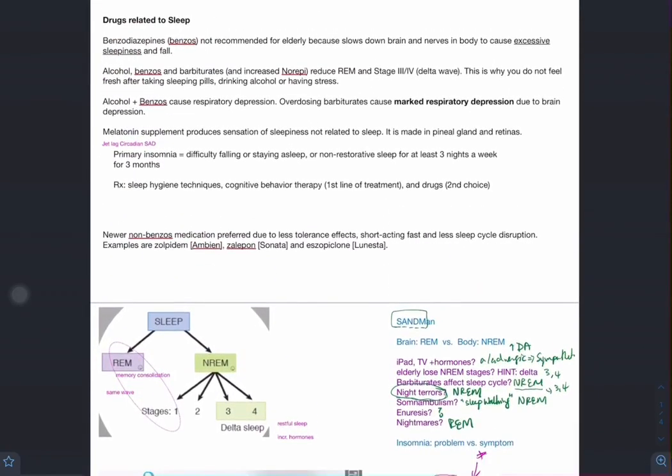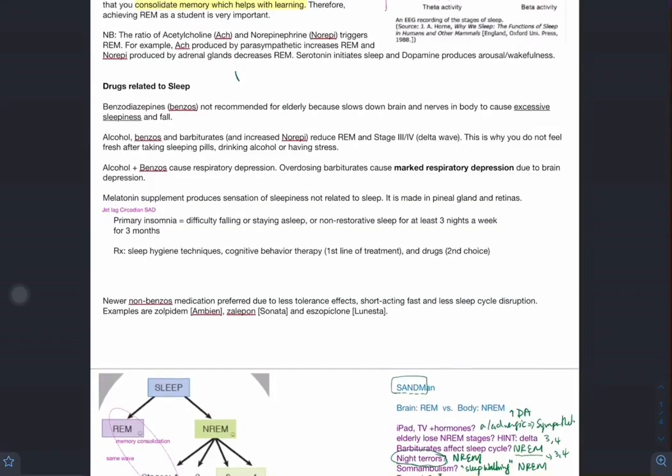So drug related to sleep, we use benzos. We don't use barbiturates, but we understand it will give you sedation and hypnotic sensation at low dose. But because benzo has other undesirable side effects when treating sleep disorder, we create what we call non-benzo medication.